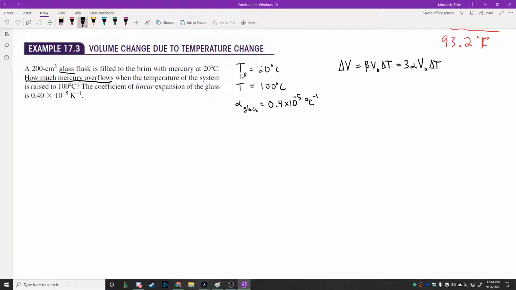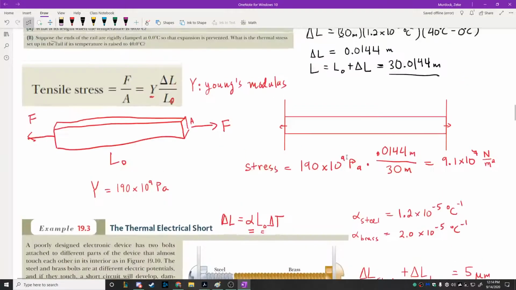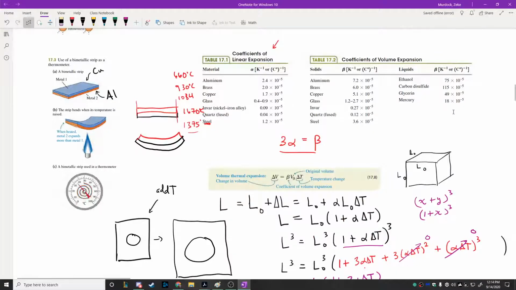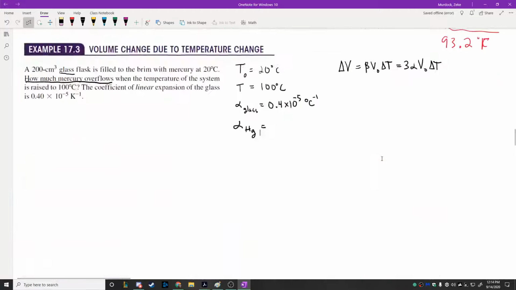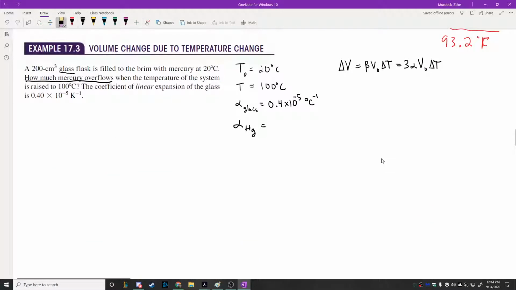And then we probably also need to know the alpha value for mercury too, right? Or beta for mercury. Let's see which is given here. So for mercury, this is the value for beta, 18 times 10 to the negative 5. So we'll put that in here. All right, you guys want to take a few minutes to try to solve this?